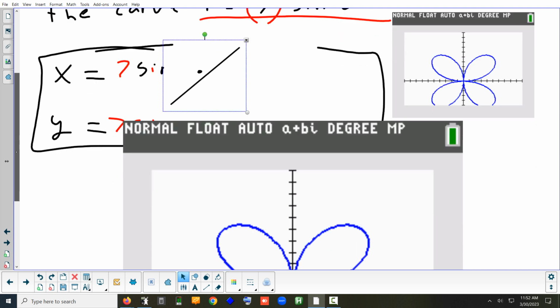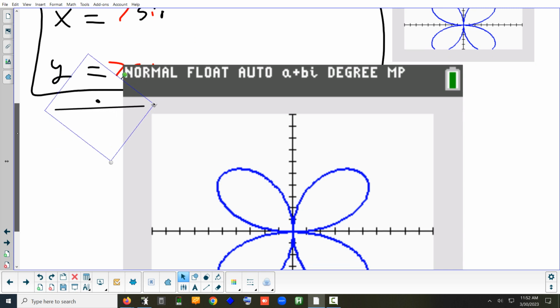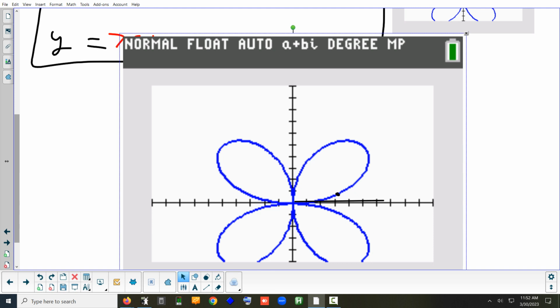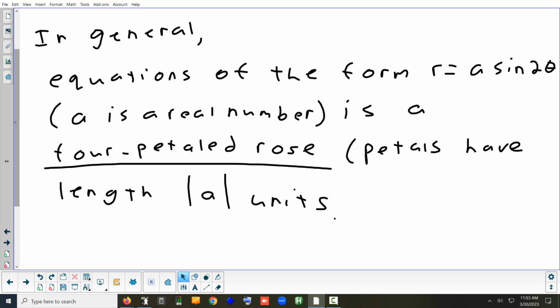And now let me bring it back to my axes and turn it horizontal, so I can measure relatively straight. If you count, it should be 1, 2, 3, 4, 5, 6. I don't have it turned quite enough, but you get the idea. It should be about 7 units if I had drawn it perfectly. But that's where the 7 shows up. It's the length of the petal.